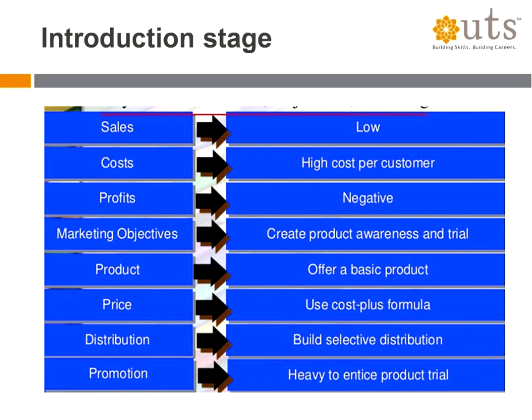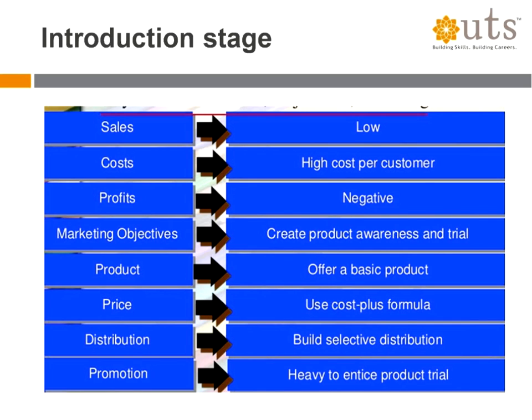See, sales is low, cost per customer is high. As you can see, the profits are negative. Now, the marketing objective is to create product awareness and trial, and price is by the cost plus formula. Cost plus formula I have already shared in the sheet. You can see it in the comment slide.